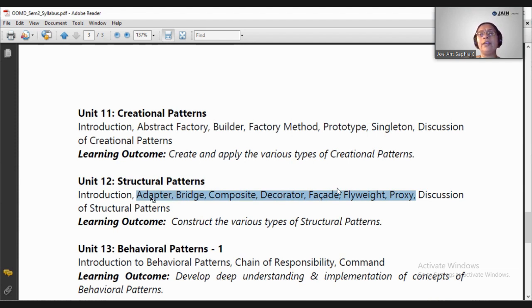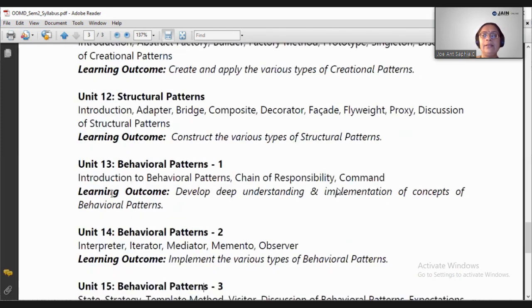Here again these are classified under class scope, object scope. Structural patterns give the structure for the system. So finally the behavioral pattern.